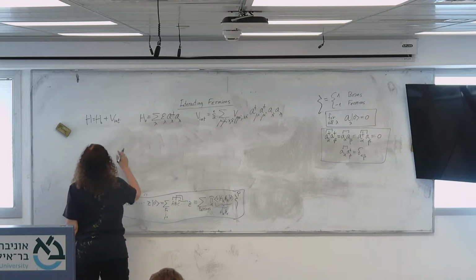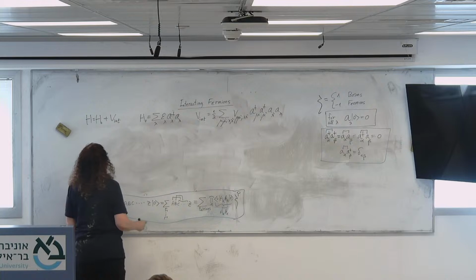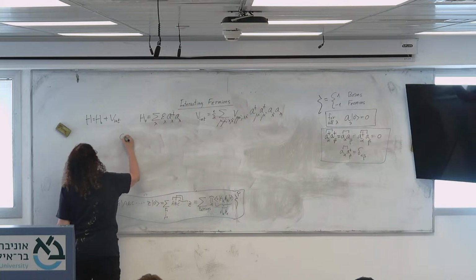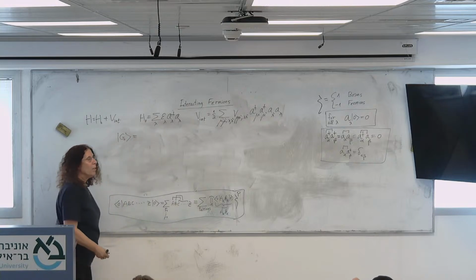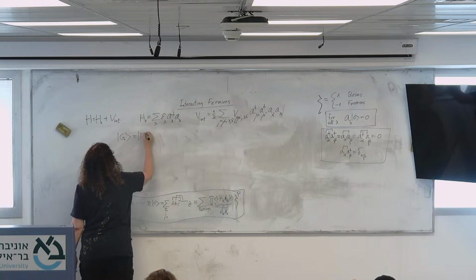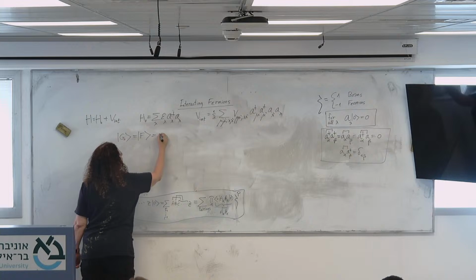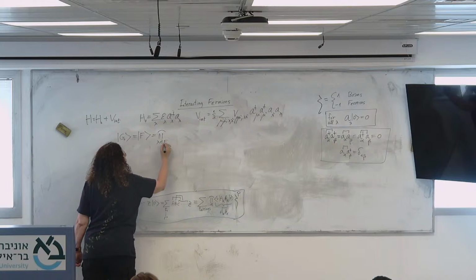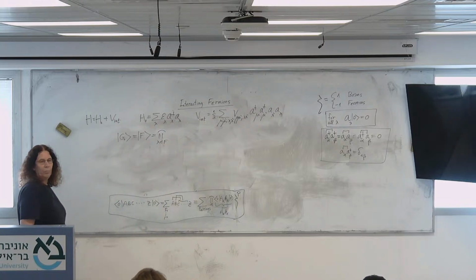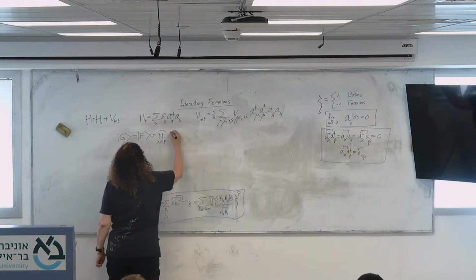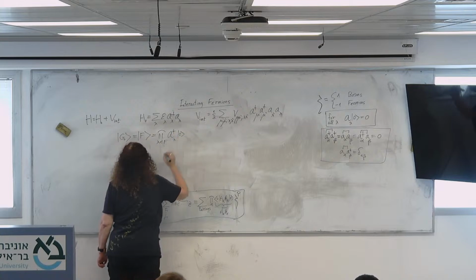And for fermions, we also know that the ground state of H naught is a Fermi sea. Namely, it is a product over lambda belonging to the Fermi sea, all the occupied states, of A dagger lambda acting on the vacuum.